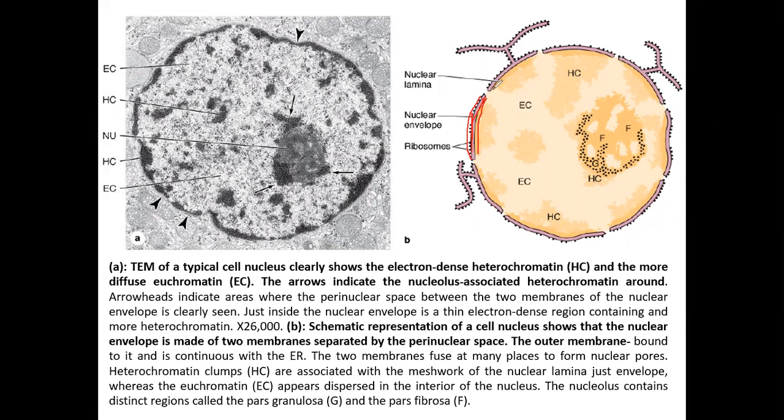Beneath the inner nuclear membrane, itong dark area dito, this is your fibrous lamina, or your nuclear lamina. It's a rigid structure that supports this envelope here. And of course, attach now the heterochromatin to our nuclear envelope.